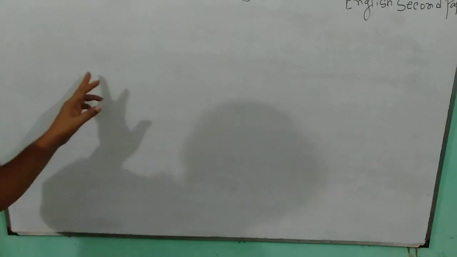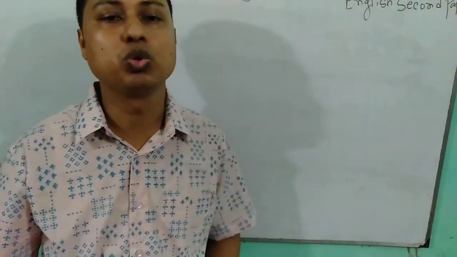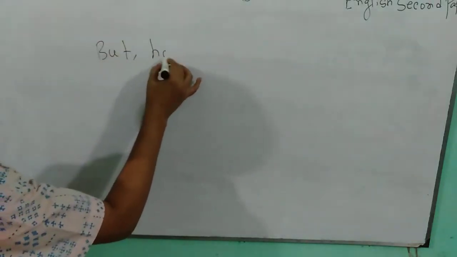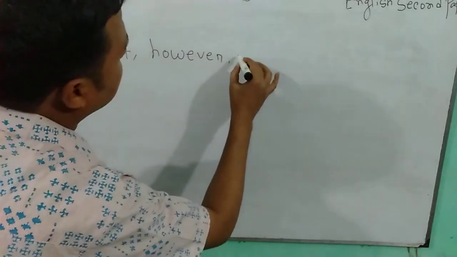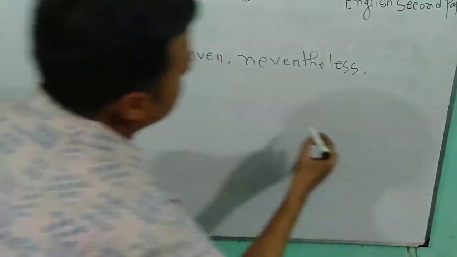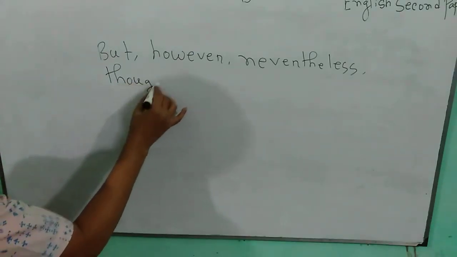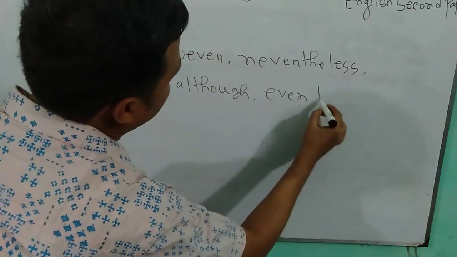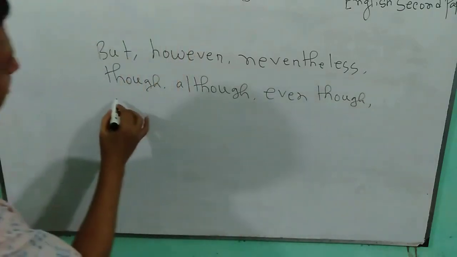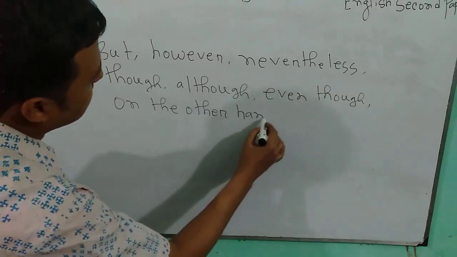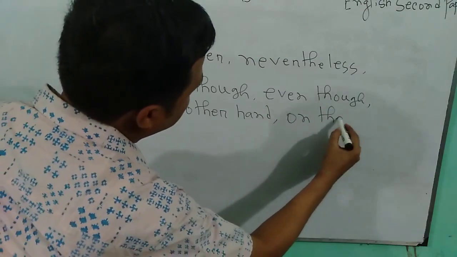When the idea of the previous sentence is opposite to the idea of the following sentence, we use linking words like but, however, nevertheless, though, although, even though, on the other hand, on the contrary.